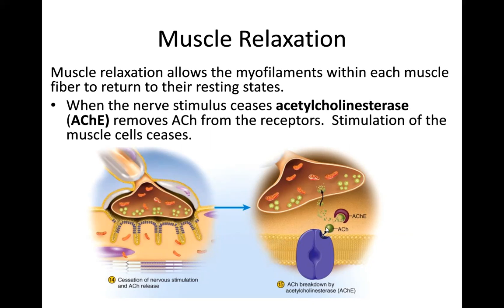It's going to break down any leftover acetylcholine and remove it from those receptors. And what takes place is that it's then recycled. The acetylcholine can be recycled, so it's not just broken down forever. And as you can see, that's taking place right here.